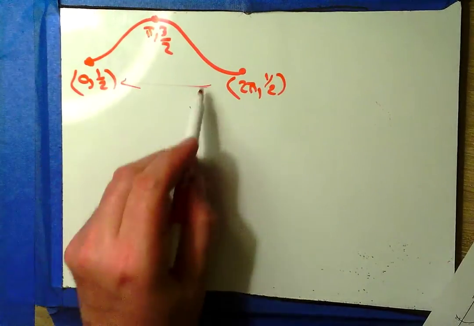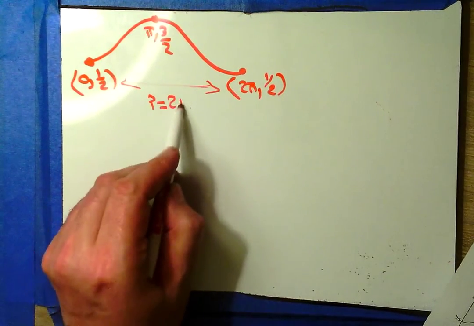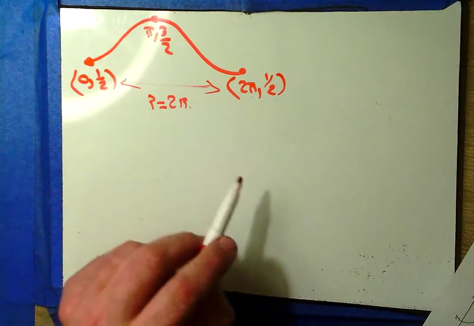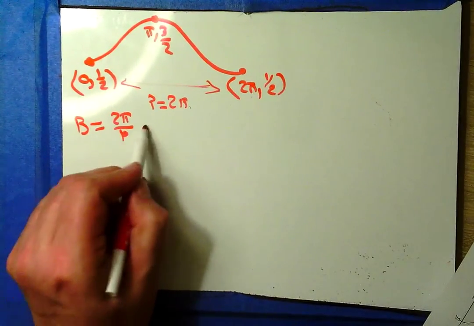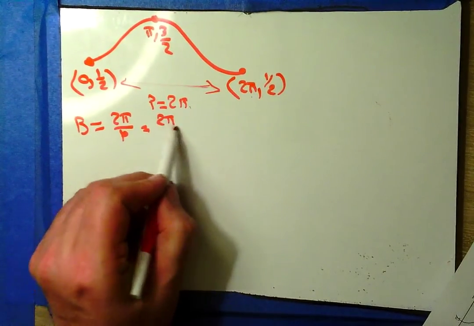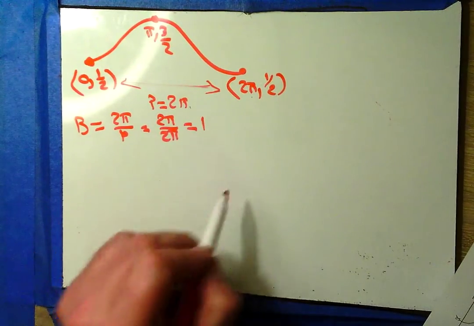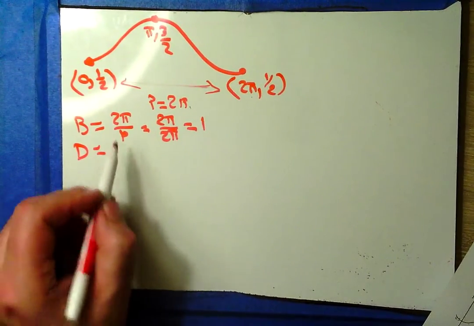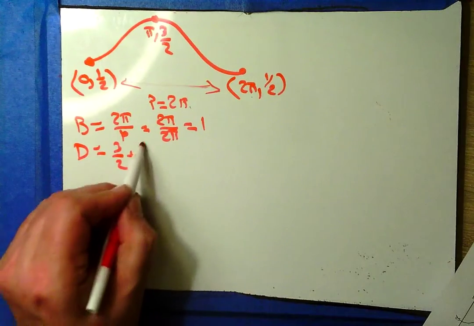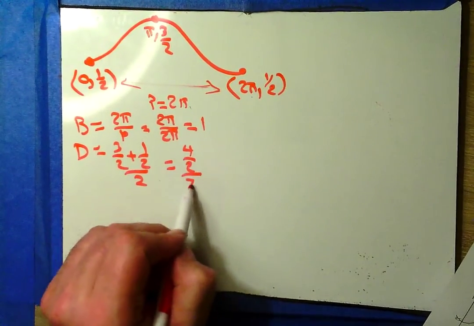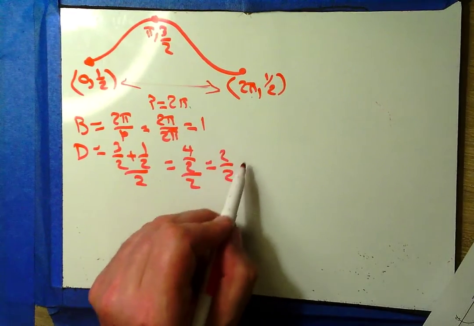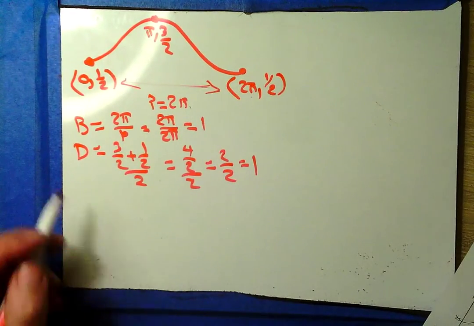The distance here for our period is 2 pi, because 2 pi minus 0 is 2 pi. Our b value, 2 pi over the period, is 2 pi over 2 pi, or 1.